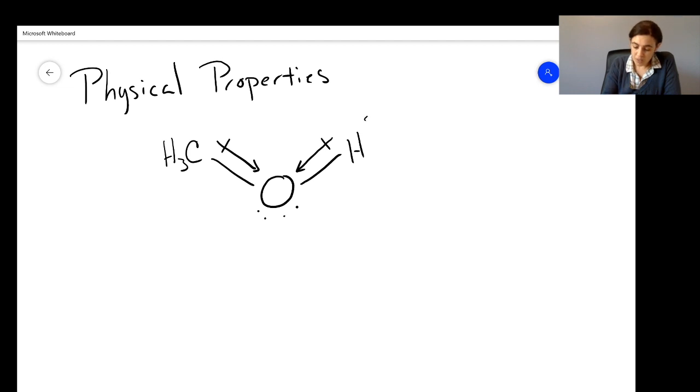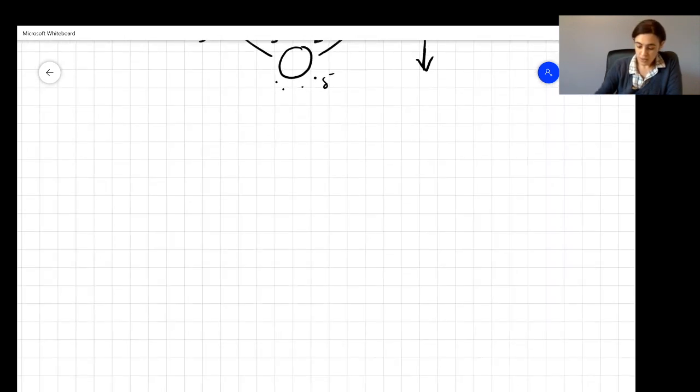So these will be electron deficient. This will be electron rich. This also creates a dipole moment in the overall molecule. So this pulling of electron density away from the hydrogen allows alcohols to have a special characteristic of hydrogen bonding.